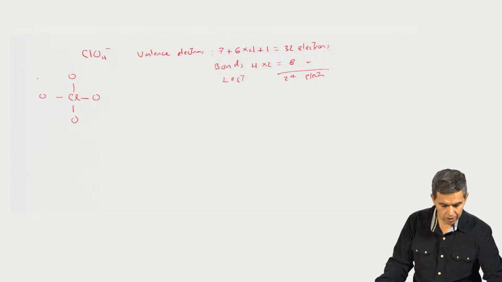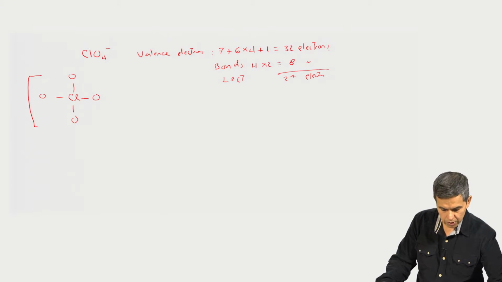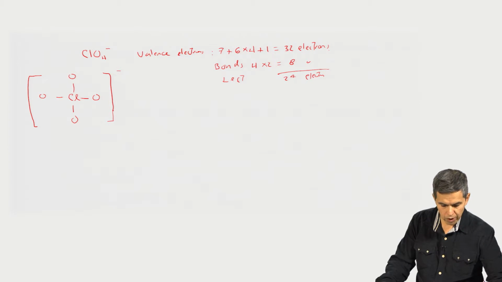So one way to place 24 electrons consists of putting 6 electrons on each oxygen.